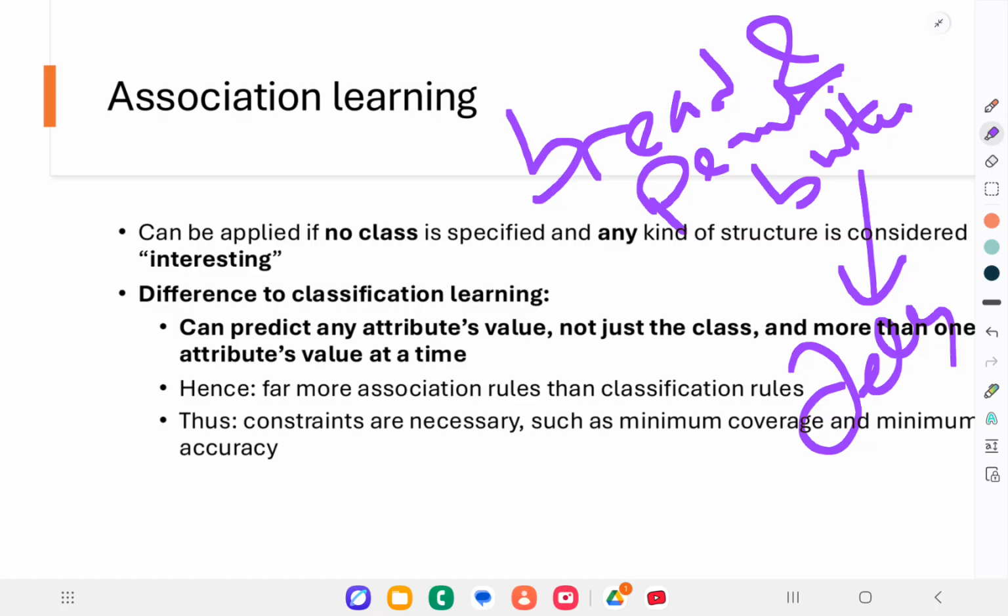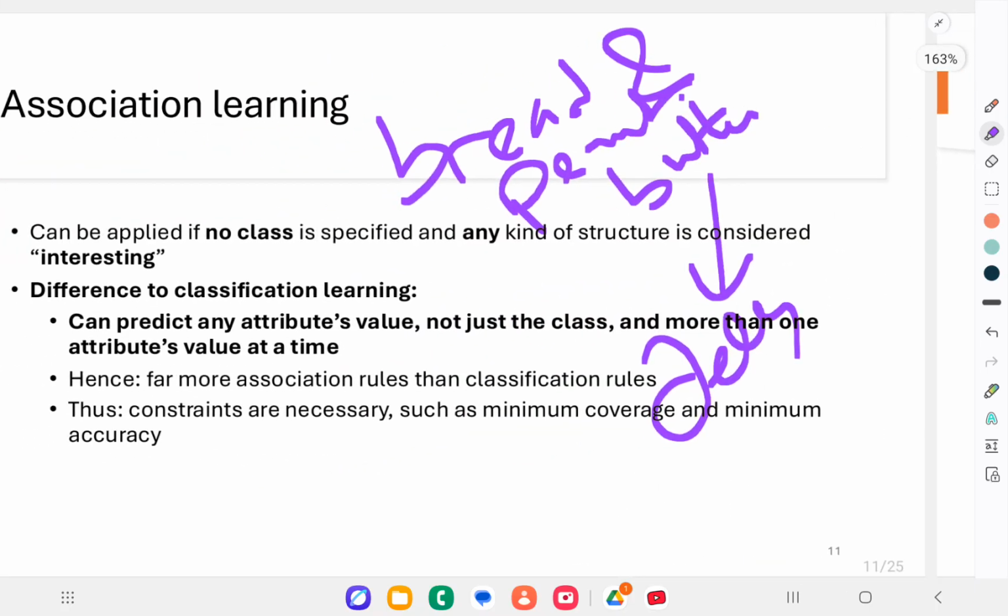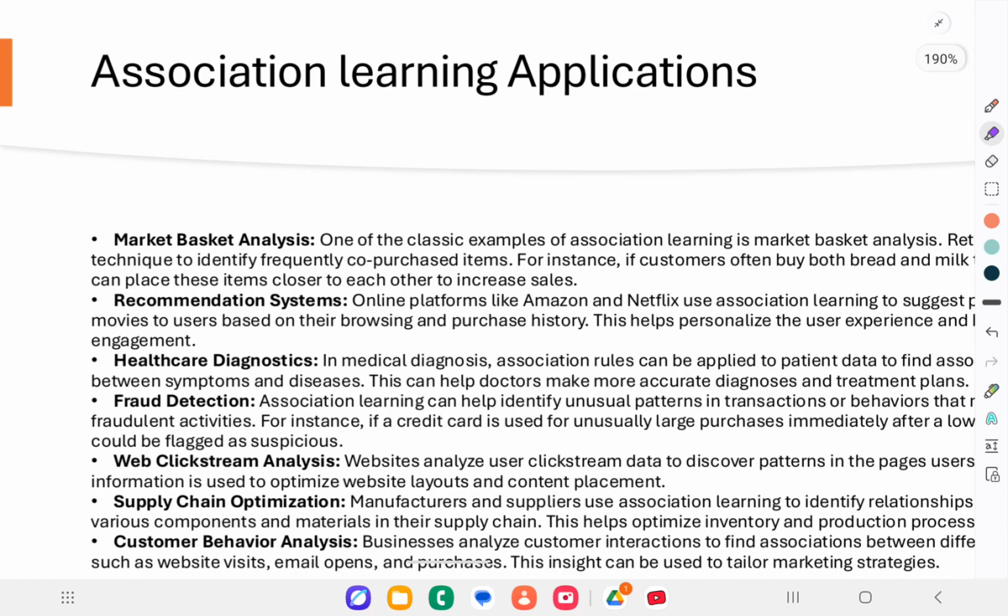Or if the product is milk and day is Friday, then they will likely buy diapers. These are some of the fielded applications. It's widely used in retail, in e-commerce, in fraud detection, and we will talk about them in detail in this course.